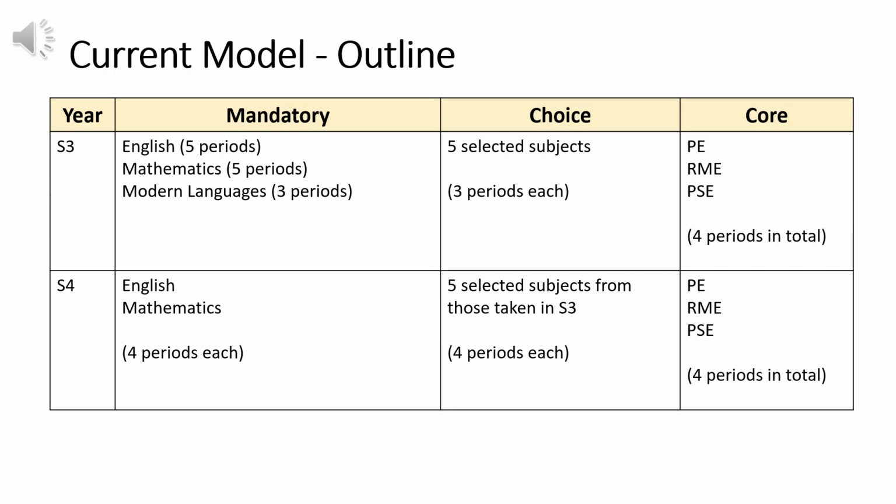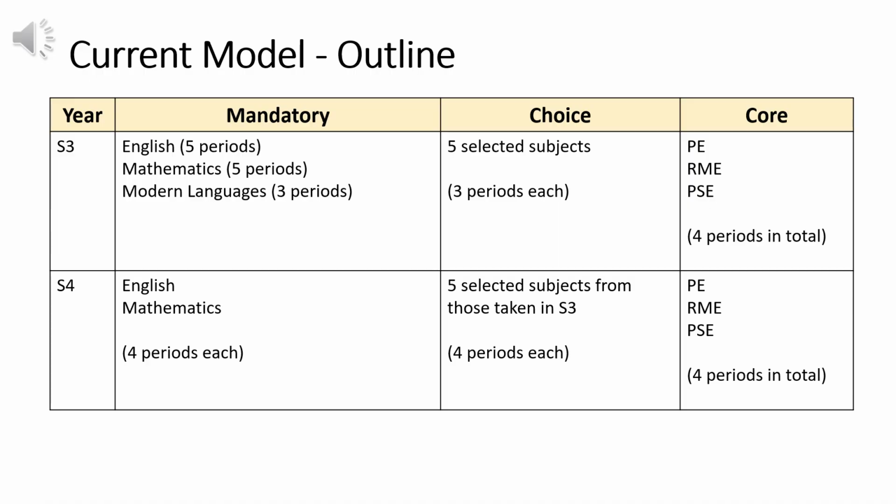This slide is a visual display of the current model and what has been described on the previous slide. In S3, you can see that a young person has 3 mandatory subjects: English, Maths, and Modern Languages. And in addition to these, they choose a further 5 subjects.